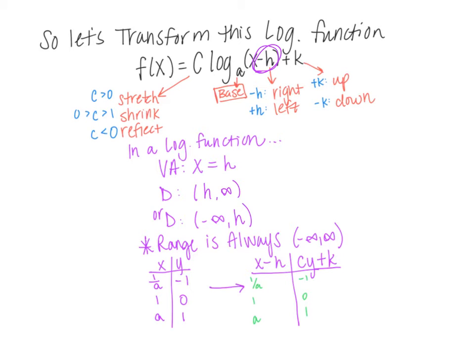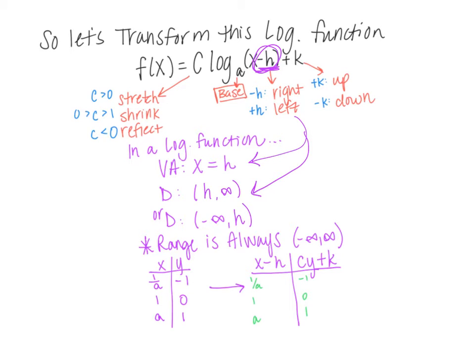So now I'm going to look at this h value, how I'm moving right and left, to determine what this vertical asymptote is going to be. It's also going to determine what my domain is going to be. The range in a log function is now going to be all real numbers, similar to what the domain was in an exponential.